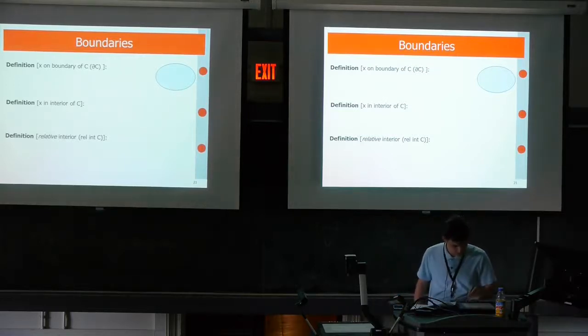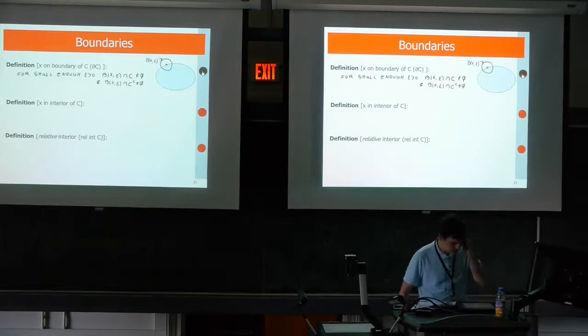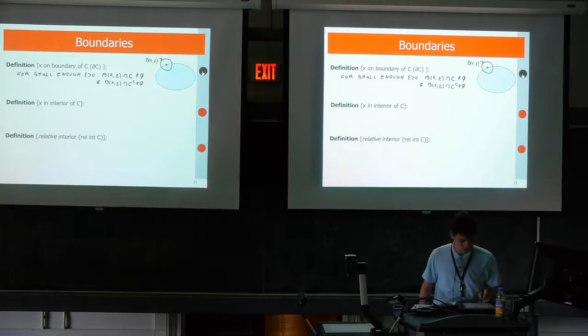So we have a set C, and we say that x is on the boundary of C, and we denote this by delta C, the boundary set of C, if for a small enough epsilon, we define a ball around x, denoted by B(x, epsilon).